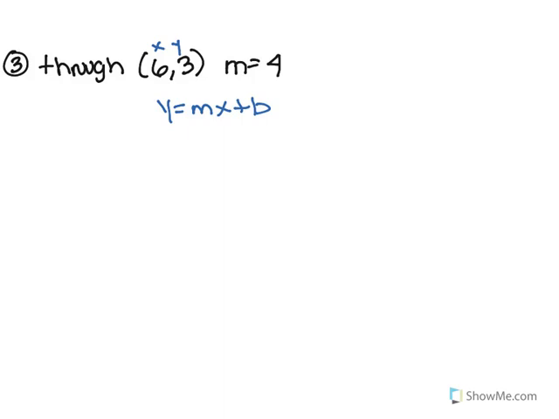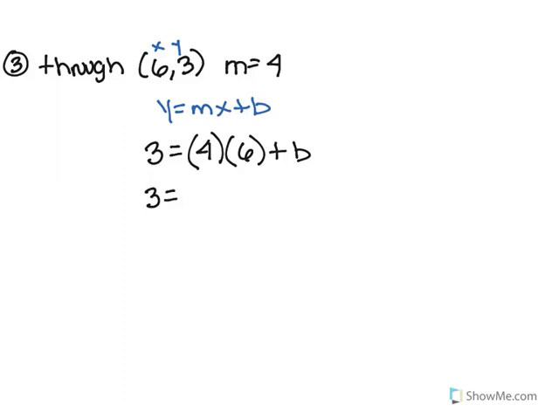Number 3. Write the equation of a line that's going through the point (6, 3), and m is 4. So we plug it in. y is 3, m is 4, x is 6, plus b.